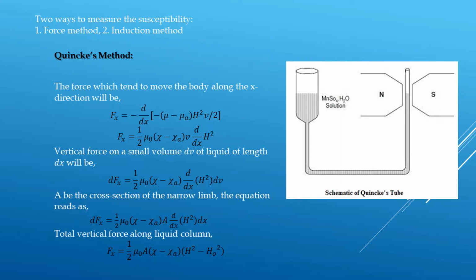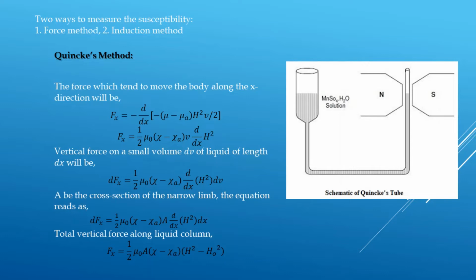Now suppose the surrounding medium, that is air, is evacuated. Then what would be the potential energy? The potential energy would be mu into capital H square into the volume by 2.